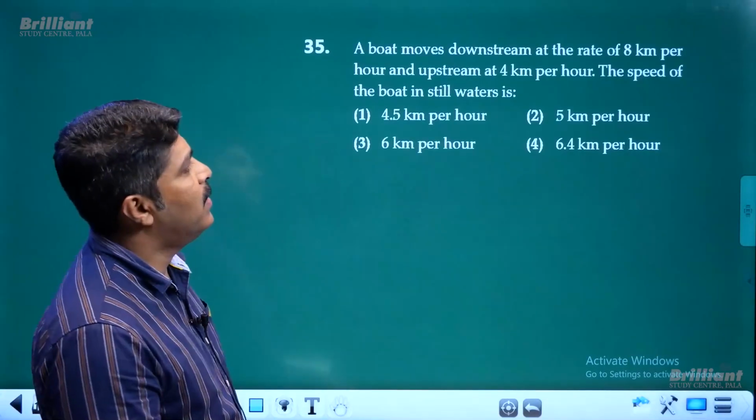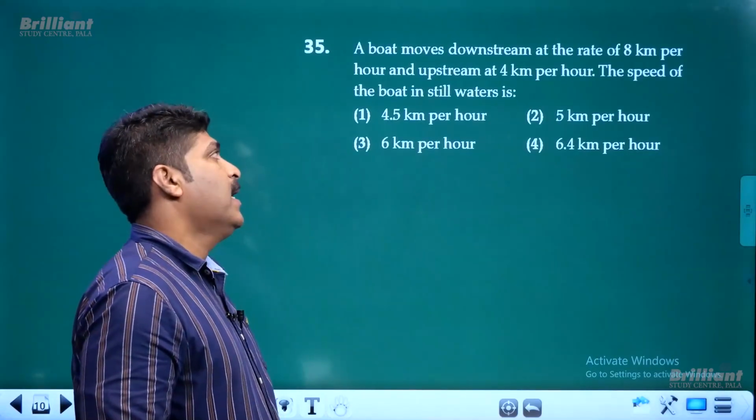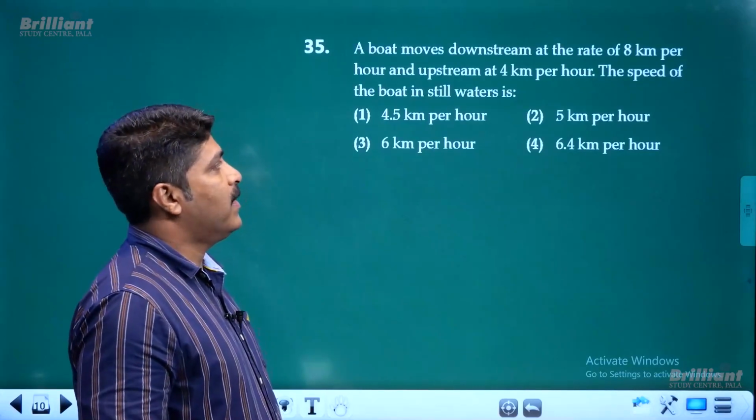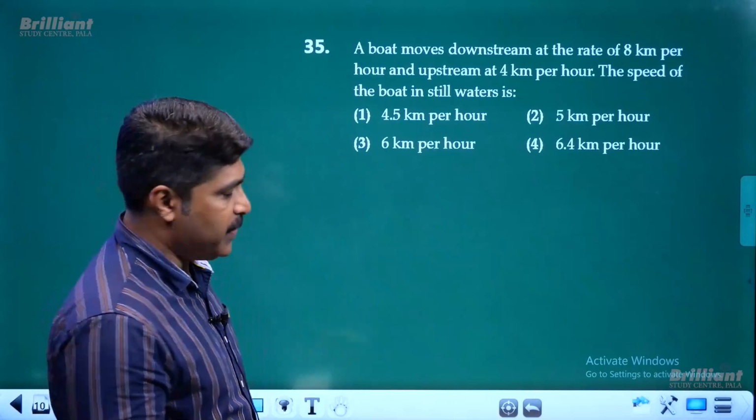A boat moves downstream at the rate of 8 km per hour and upstream at 4 km per hour. The speed of the boat in still water. So that's a direct question.